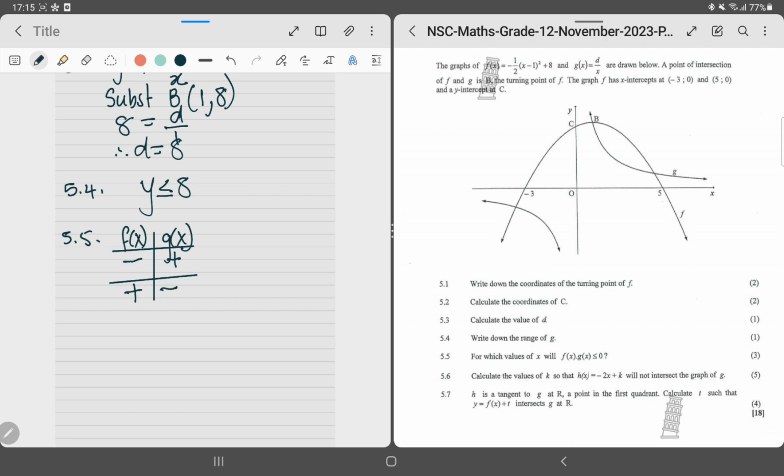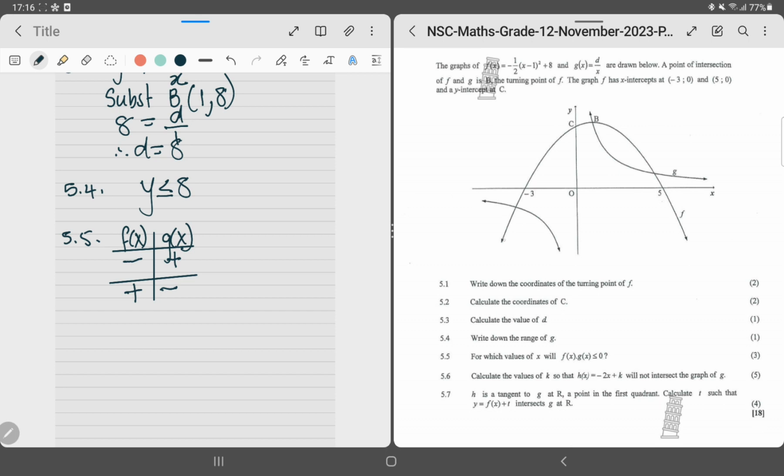f of x is negative from here to there, and then it is also negative from here to there. So it is below the x-axis. Where is g positive when f of x is negative?